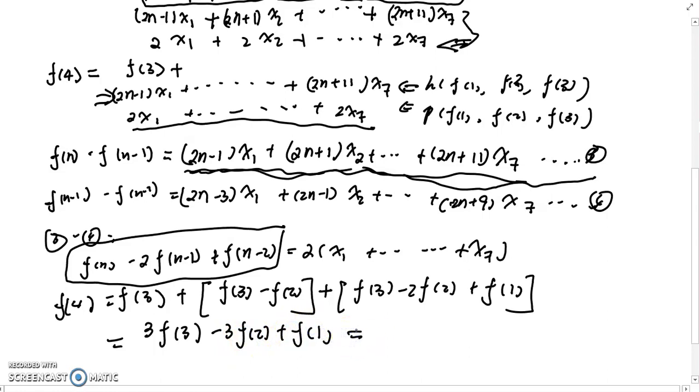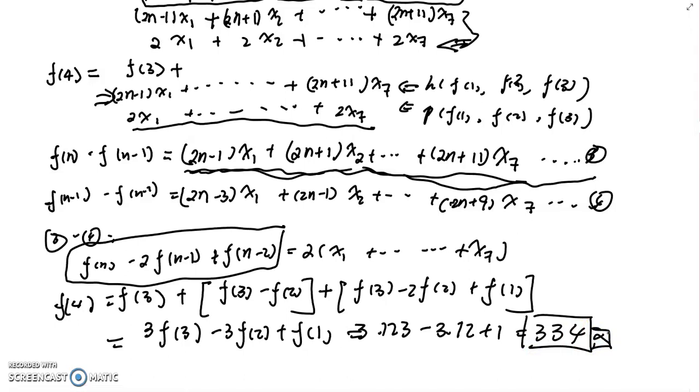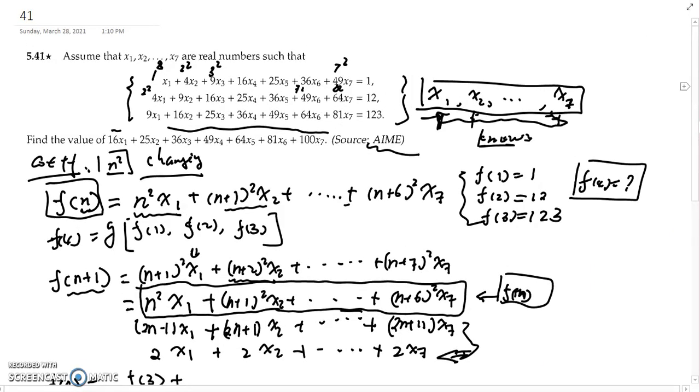So the final answer is 3 times 123 minus 3 times 12 plus 1, which is 334. So this is a pretty hard problem. Basically you need to see that we treat x1 through x7 as known, and we create another function changing with the coefficients. So that's about this problem.